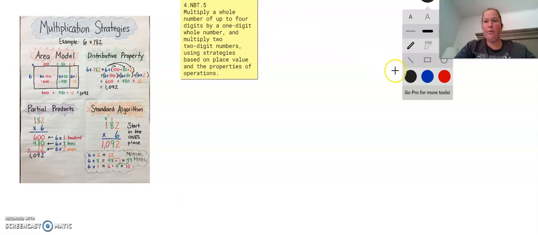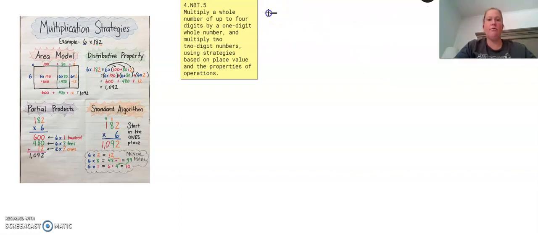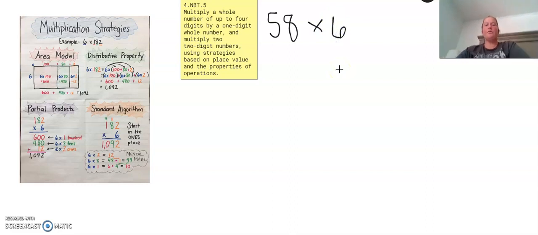So let's come up with our first equation. We're going to do 58 times 6. Okay, so what we're going to do first is use that distributive property.